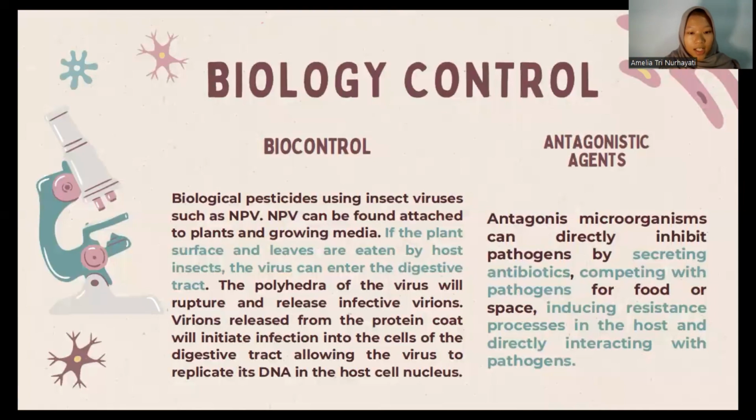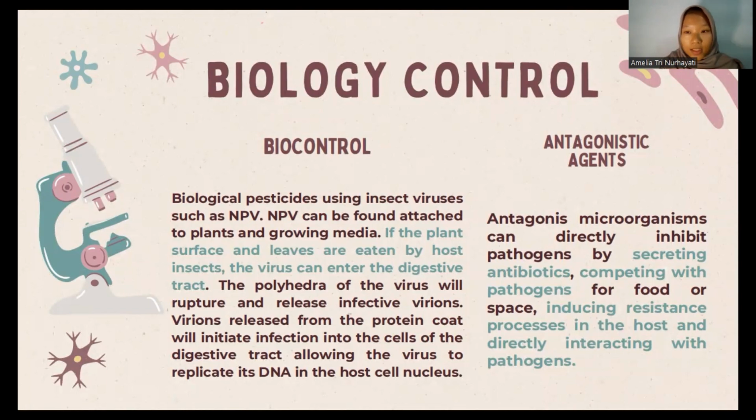And then the next control is biological control. There are two examples of biological control. The first is biocontrol, a biological pesticide using insect viruses such as NPV. If the plant surface and leaves are eaten by host insects, the virus can enter the digestive tract.